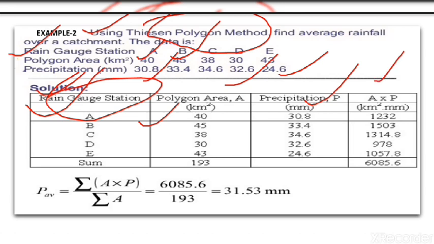And in the last column, column number 4, I have calculated the product of polygon area and precipitation.